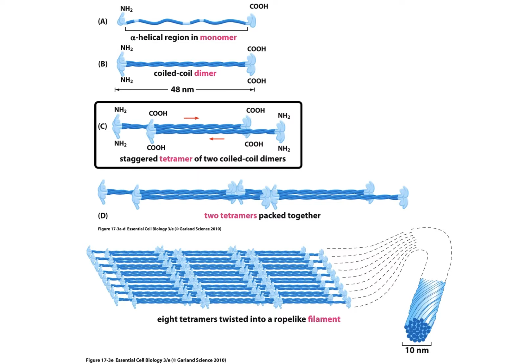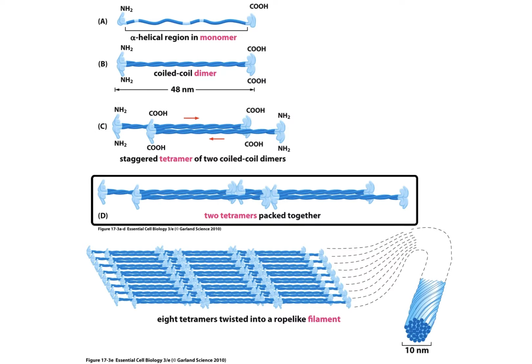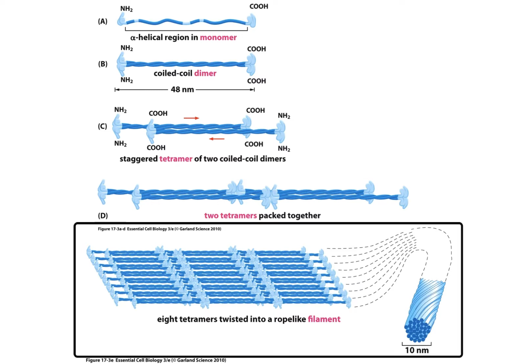You can also get two of those molecules coming together, so you get a tetramer, but they're staggered in how they connect with one another. Those can build up further into tetramers, and then eventually into 8 tetramers coming together to form sort of a rope-like filament that is pretty strong and forms a lot of the structure of cells.